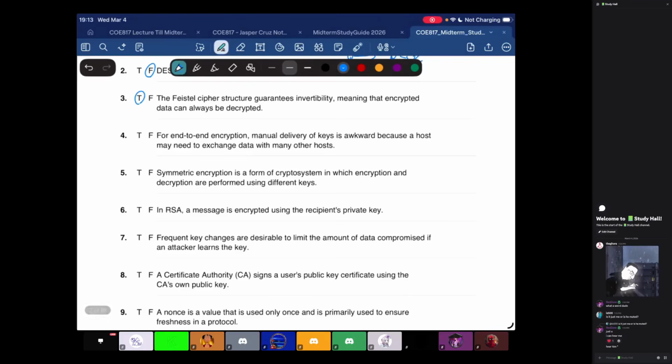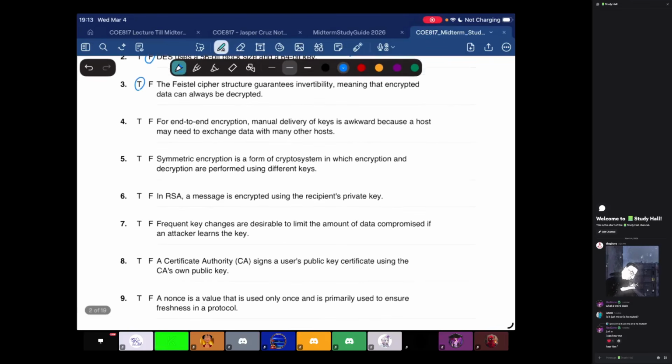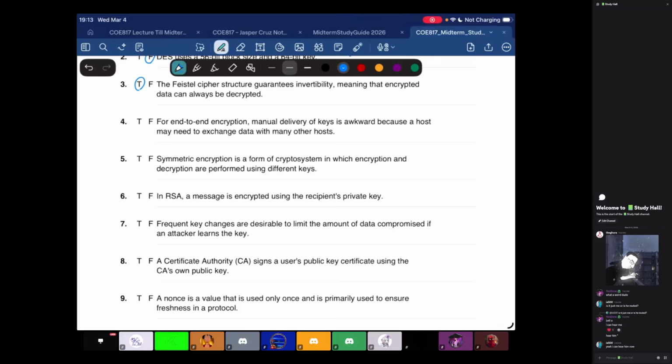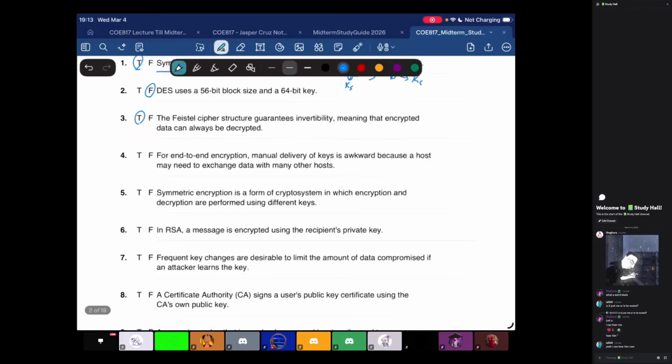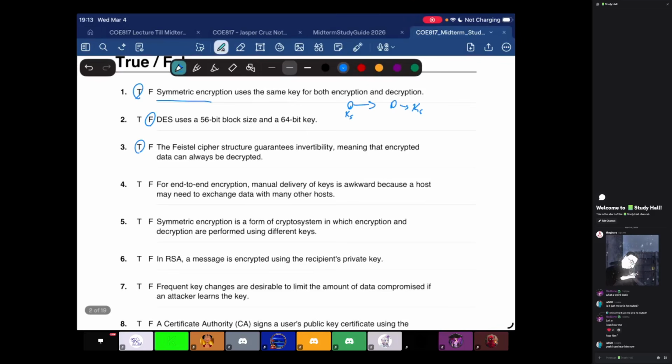Question 4. For end-to-end encryption, manual delivery of keys is awkward because a host may need to exchange data with many other hosts. Manual delivery of keys means that, as in the first question, with the symmetric key your destination system needs that same key to decrypt your data.